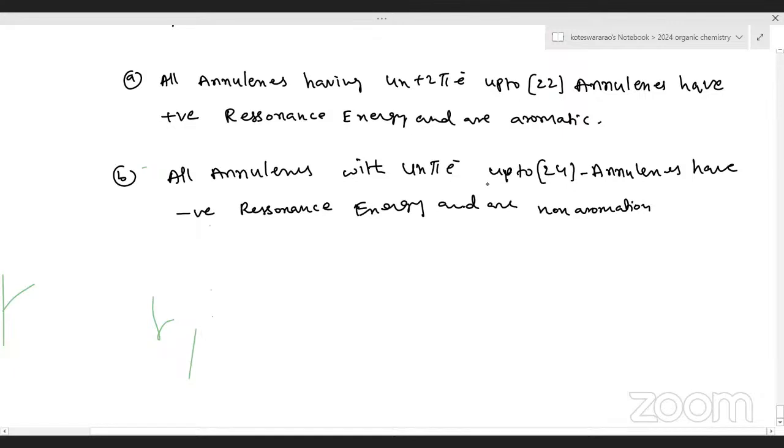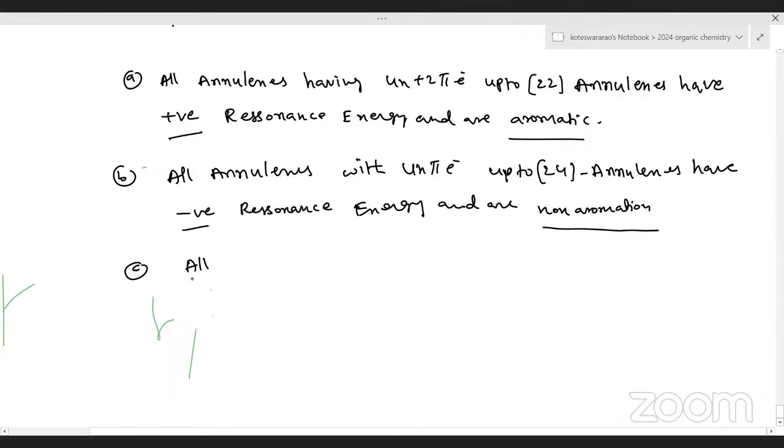Right. Next, all higher annulenes. The third point they are concluding is that annulenes up to 22 which have 4n plus 2 electrons are aromatic. Up to 24 annulenes which have 4n electrons are non-aromatic with negative resonance energy. Here it is positive resonance energy, right?